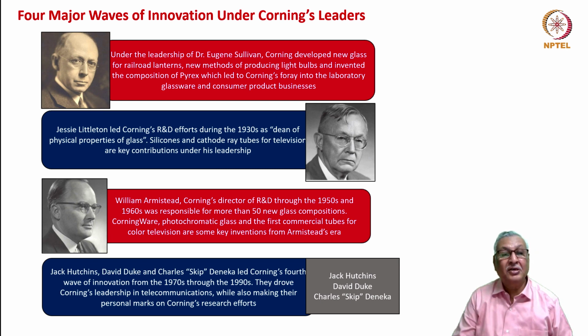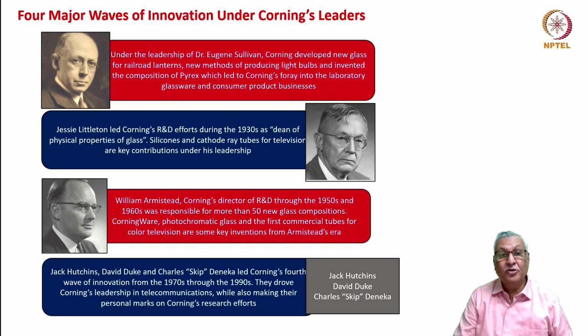Then Jesse Littleton led Corning's R&D efforts during the 1930s. He was the dean of physical properties of glass. Silicones and cathode ray tubes for televisions are his key contributions. Then came William Armistead. He was the director of R&D at Corning during the 1950s and 1960s. He was responsible for more than 50 new glass compositions.